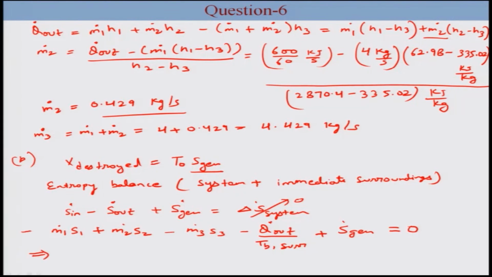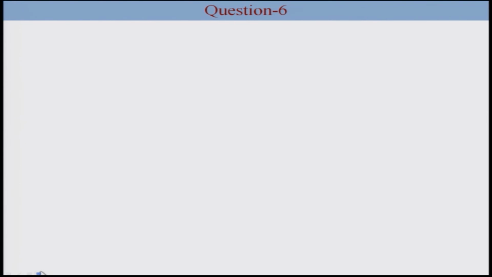So, from here we can get entropy generated is equal to m3 dot s3 minus m1 dot s1 minus m2 dot s2 plus Q dot out divided by T0, which is the outside temperature.